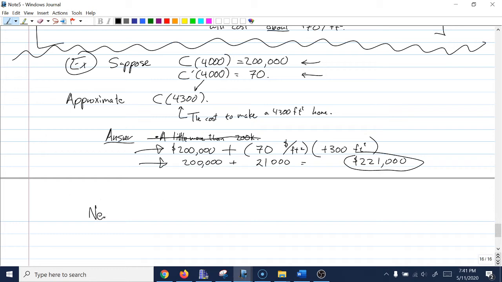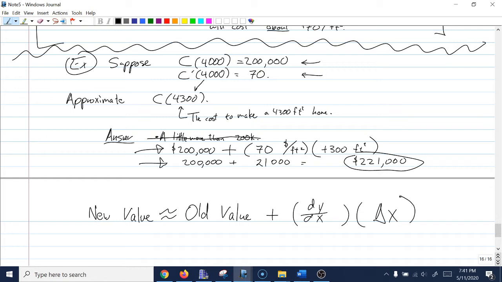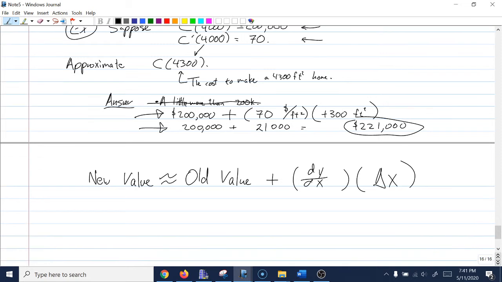We just said that the new value is approximately the old value plus the rate of change times the change in x. To say what was going on at C of 4,300, we approximated that by saying, well, I know what C of 4,000 is.